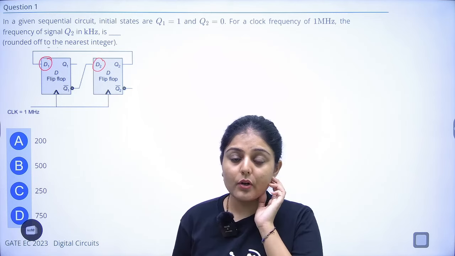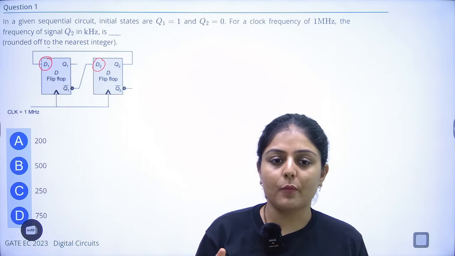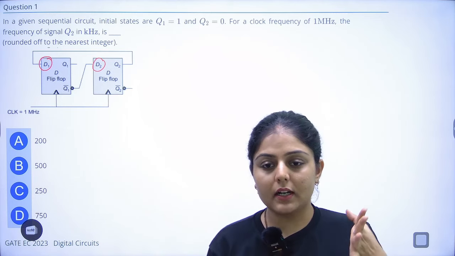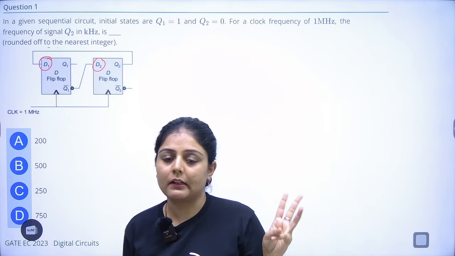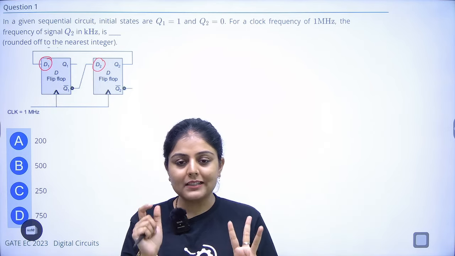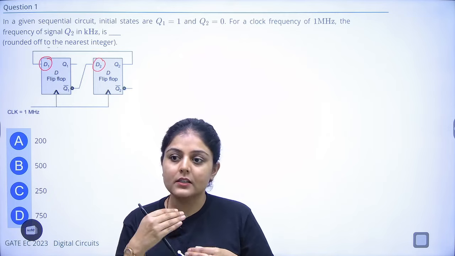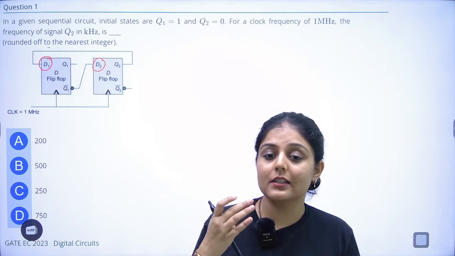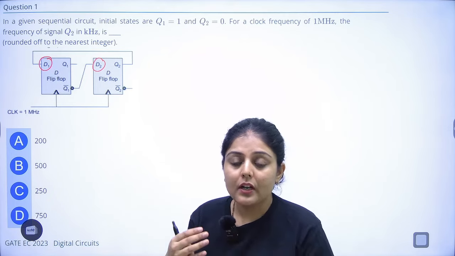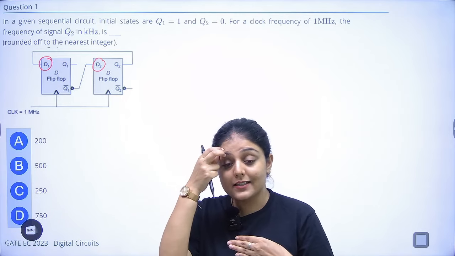If we talk about a sequential circuit, we talk about three things, right? The output of the flip-flop, which we consider as its next state. What will be the output and what is the next state?